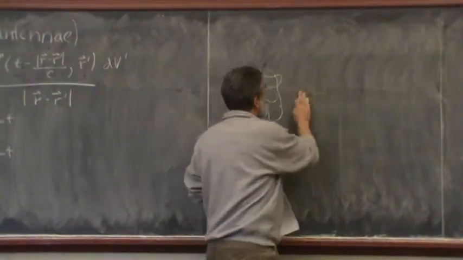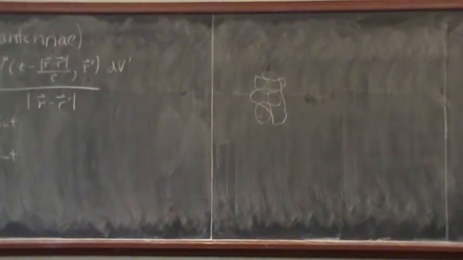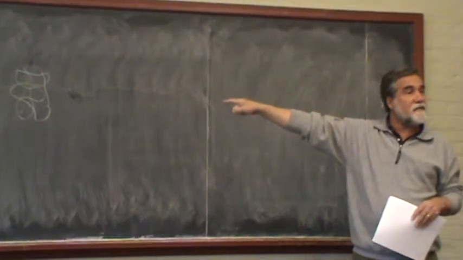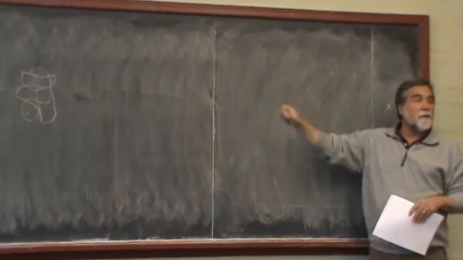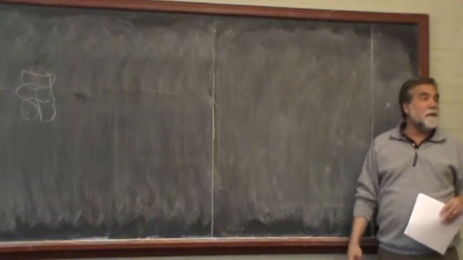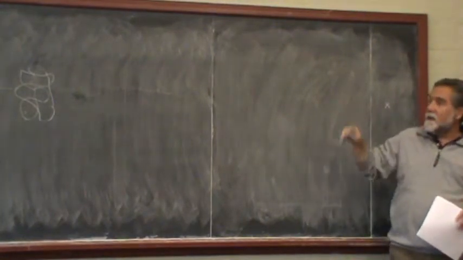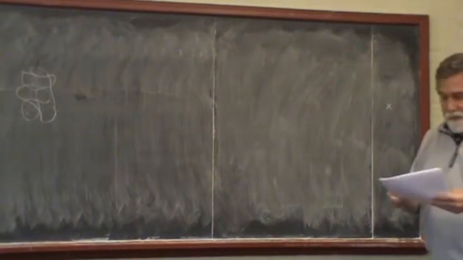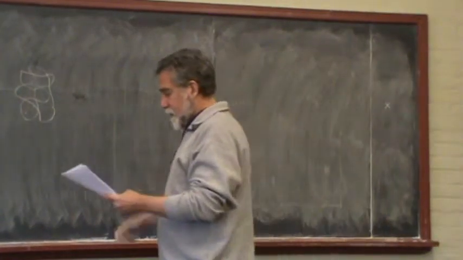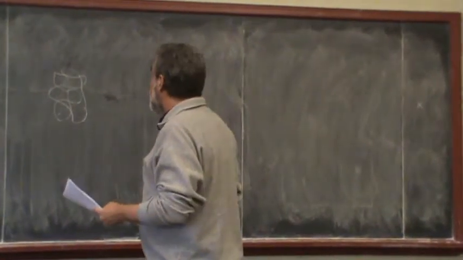But if I go over here with respect to the size of the system, then the system's relatively small, and I can write the vector potential using some simplifications in the current. All right.